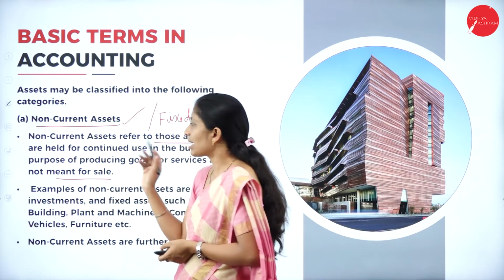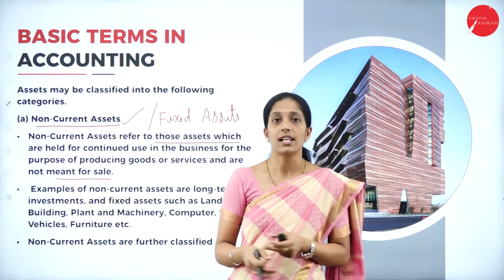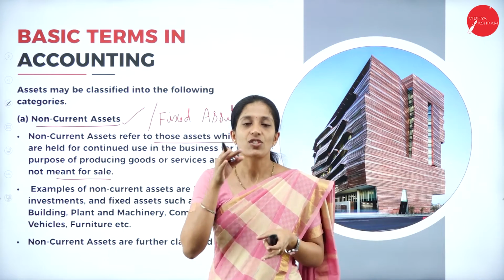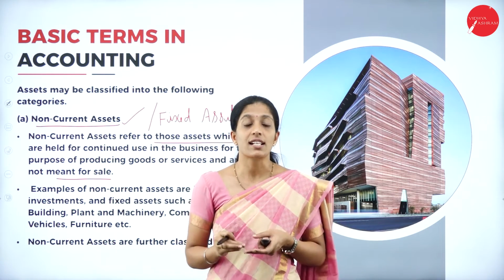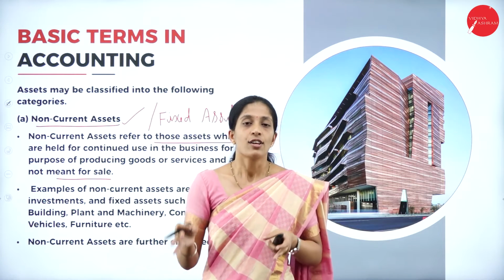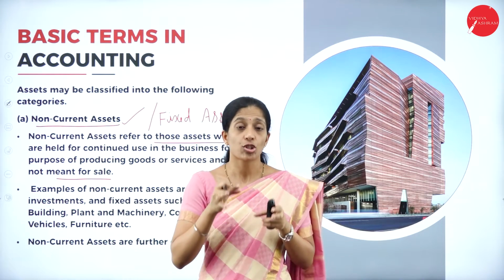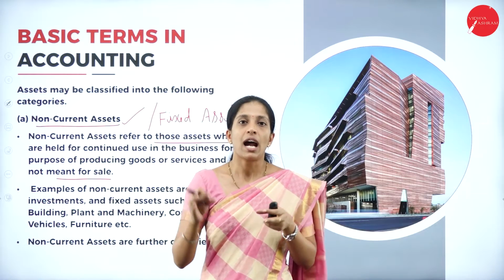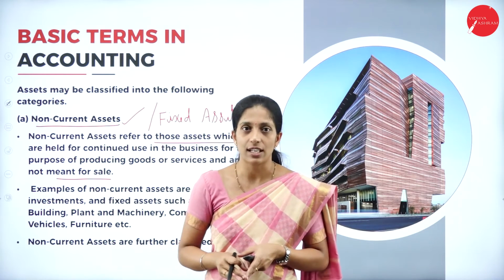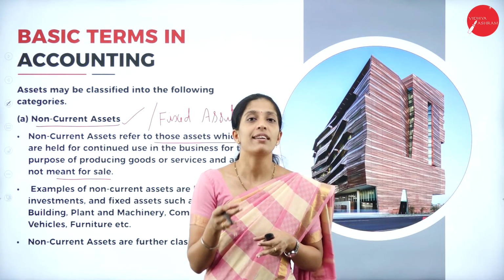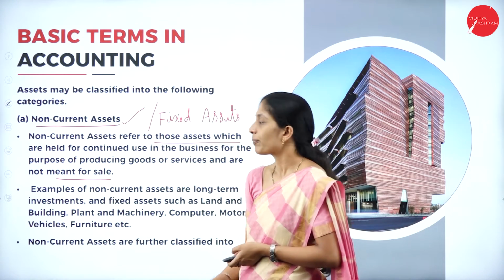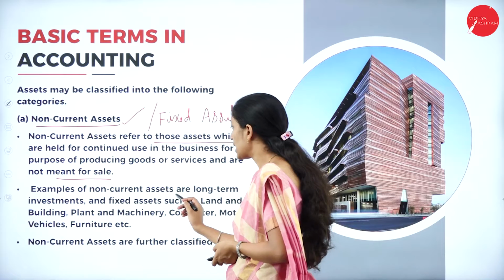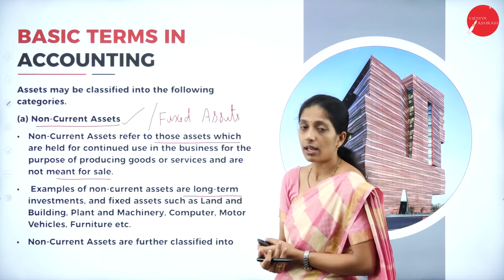These are assets which have value in the business and are fixed in nature. They are there in the organization for a longer period of time and we are not going to sell those assets. So they are termed as what? Fixed assets.